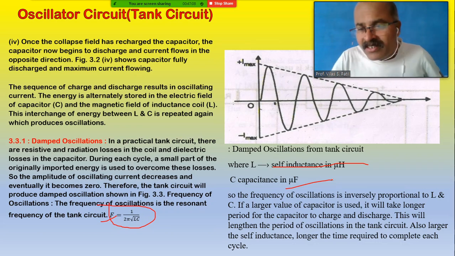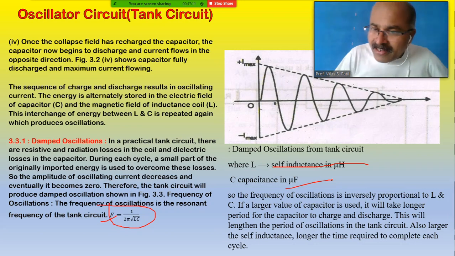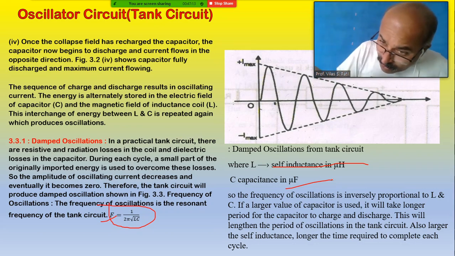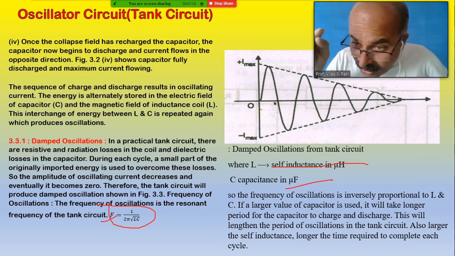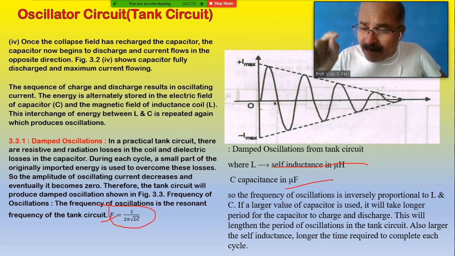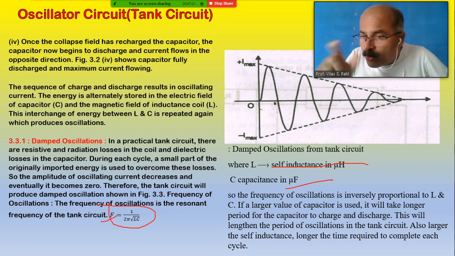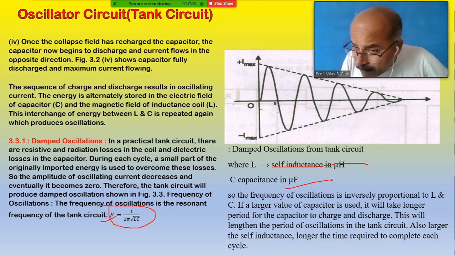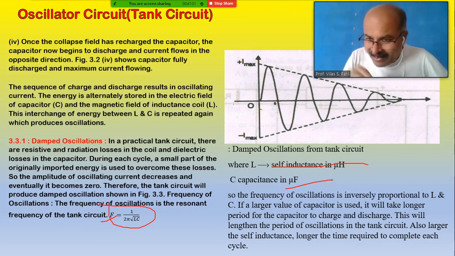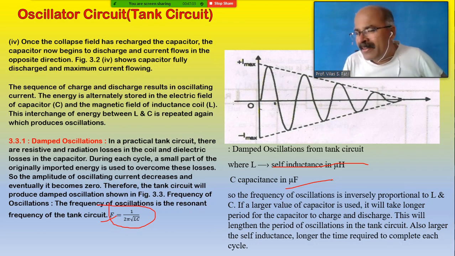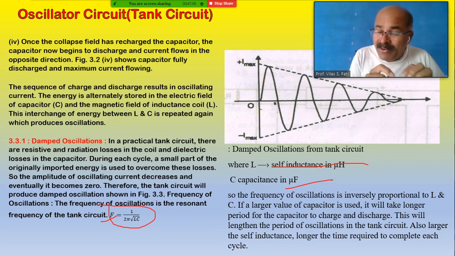If we change the magnitude of the capacitance, in terms of Farad, the magnitude of the capacitor will be changed. Due to changing these two terms, which are present in the denominator of the formula f equals 1 upon 2 pi root of LC, the value of f will change, and the periodic time will change. The periodic time is the time required to complete one cycle.